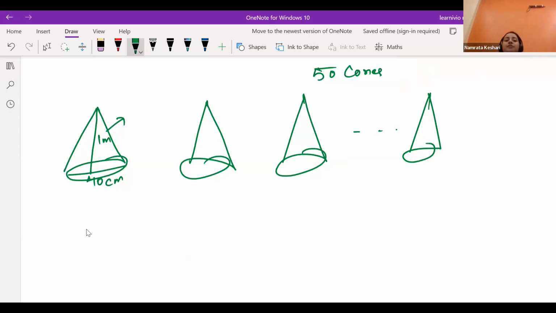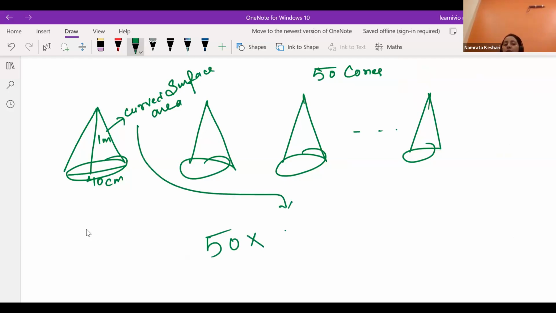It was also written that the cone is hollow from the bottom, so we'll find the curved surface area. How many cones do we have? 50 cones. So we multiply by 50 the curved surface area we got.